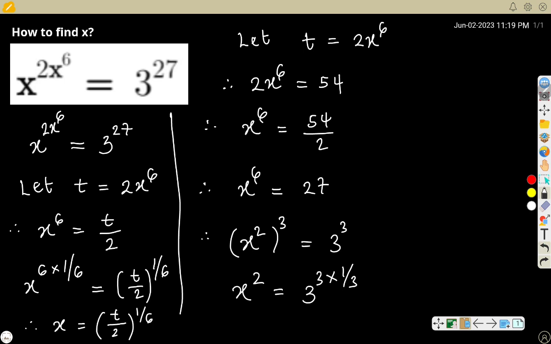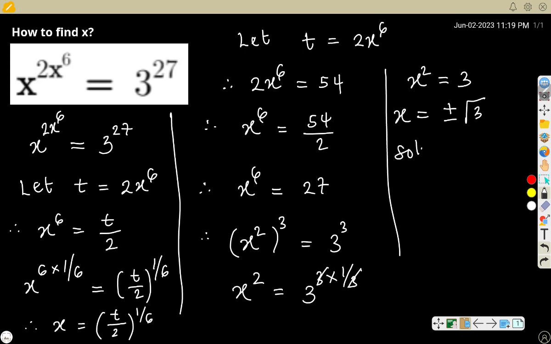Take note. So that means s squared is equal to 3. So 3 will cancel 3. So s equals plus or minus square root of 3. But the solution that satisfies, because it's positive, so we ignore the negative.